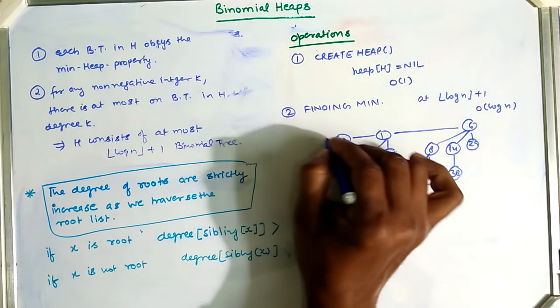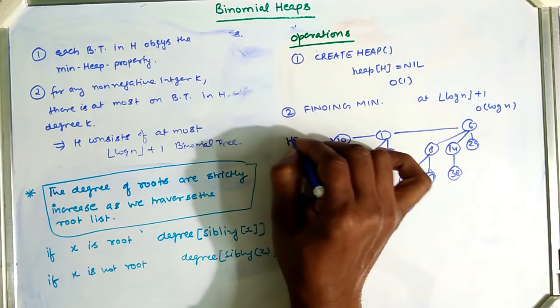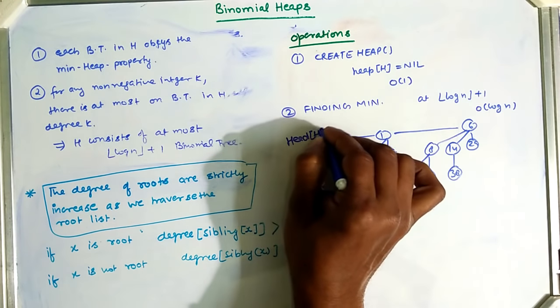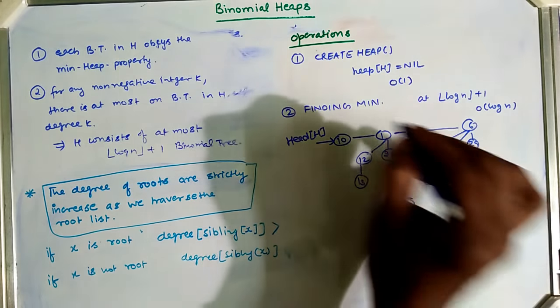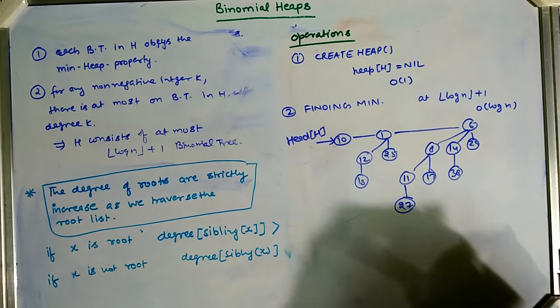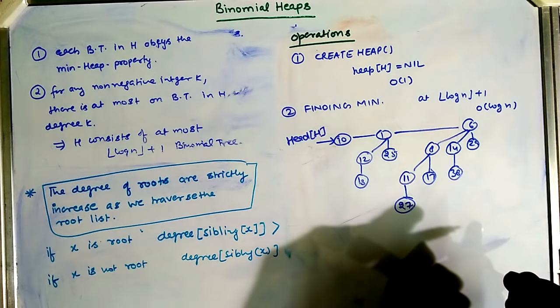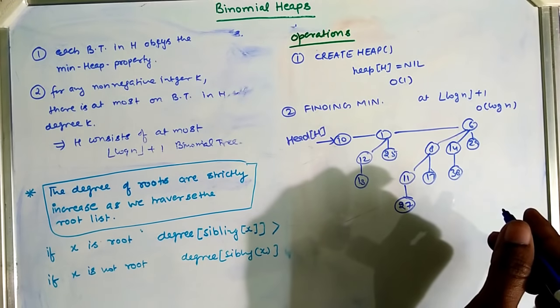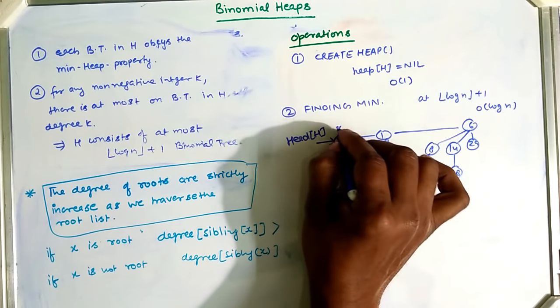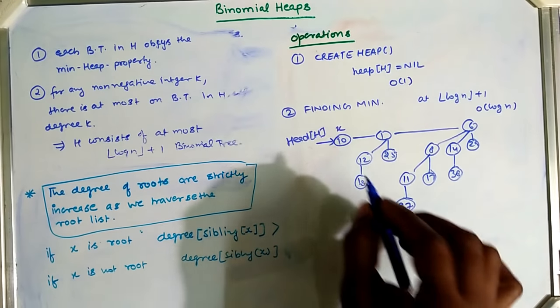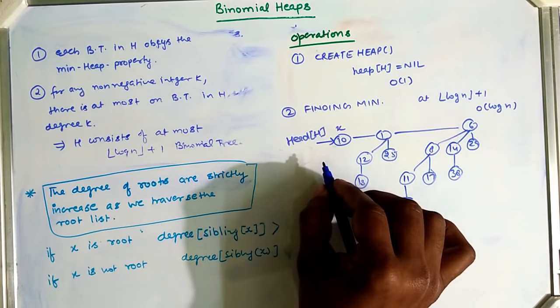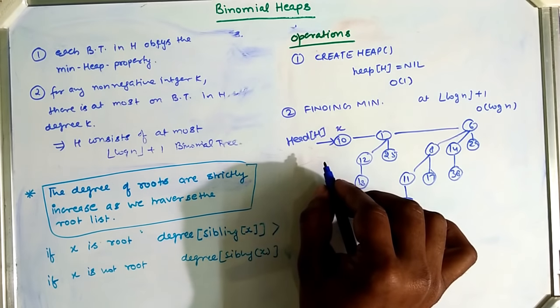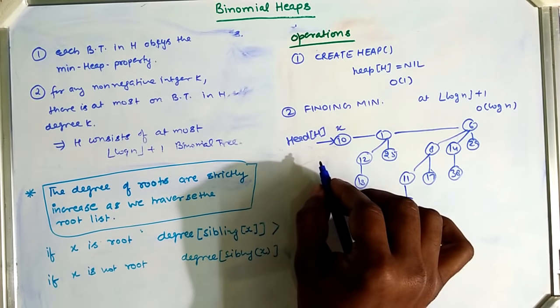Suppose this is the heap, and here is the head pointer, head of H. Initially, the find-minimum algorithm says that we have a pointer x which starts from the head of H, and we traverse the root list in order to find the minimum element.